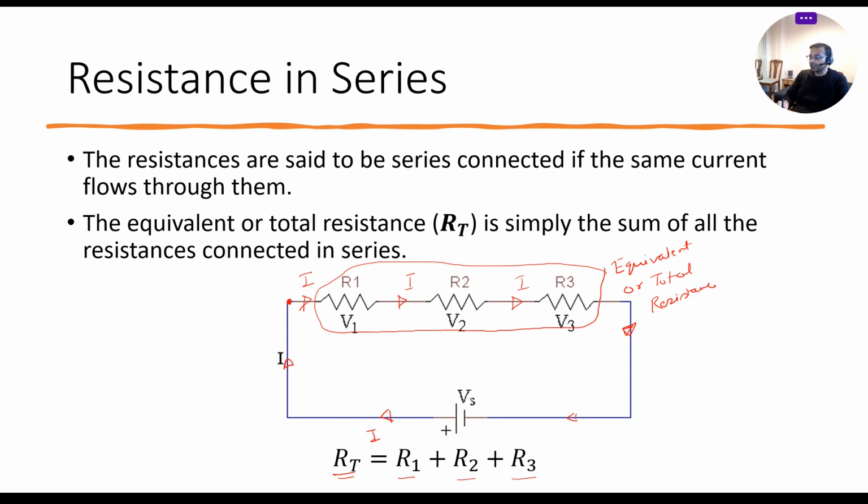If you had another resistance connected in series, it would be R4, and so on. So all the resistances connected in series can be added together and that will give you the total or equivalent resistance. The benefit of doing that is we can replace this entire circuit by its equivalent value, RT, with the same supply voltage.